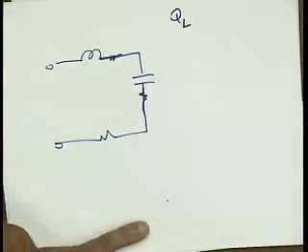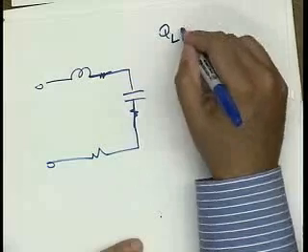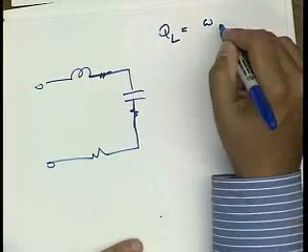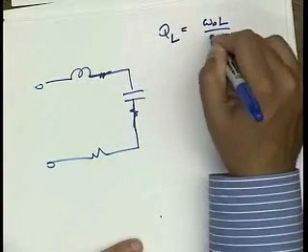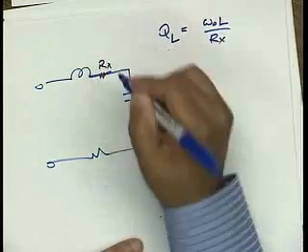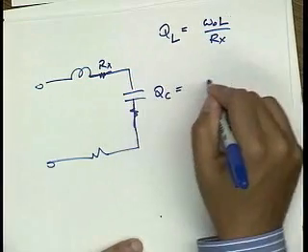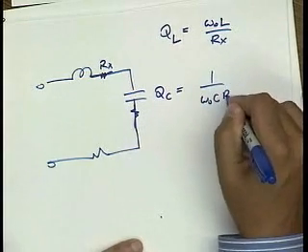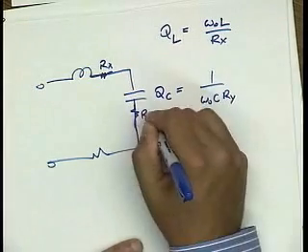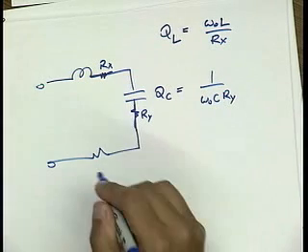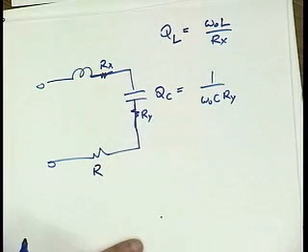And that would be Q sub L. So Q sub L would be omega naught L over Rx, where we call this Rx, of that component. Likewise, Q sub C is 1 over omega naught C Ry, let's say, Y. And this is the R that we insert into the circuit.